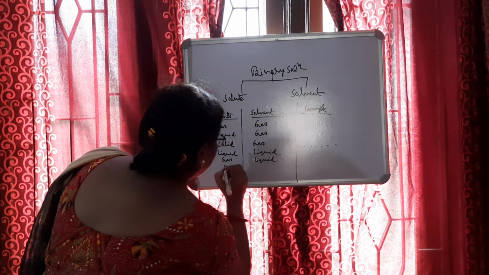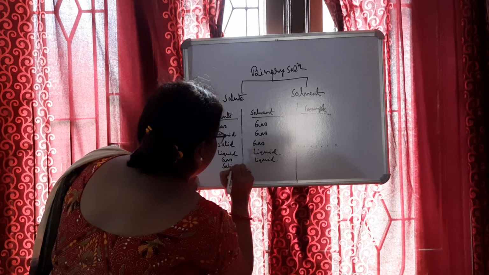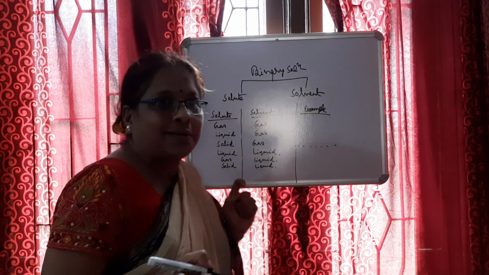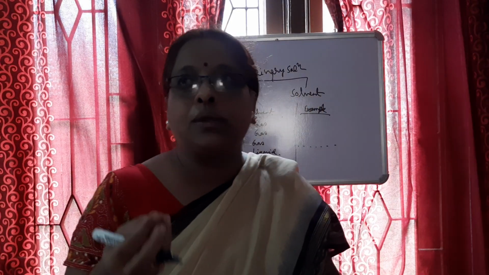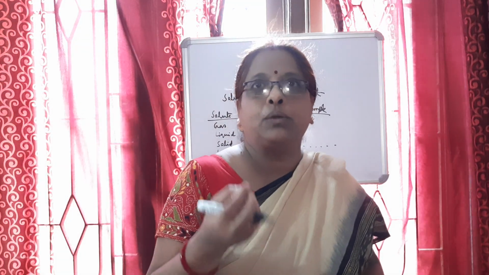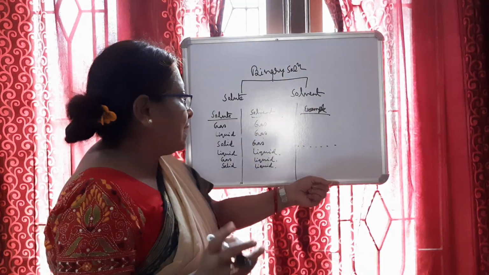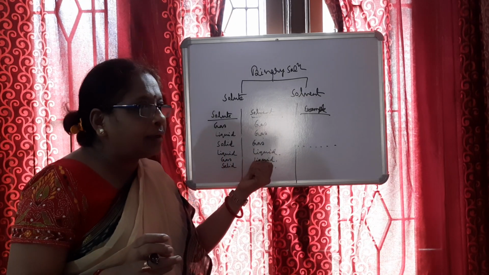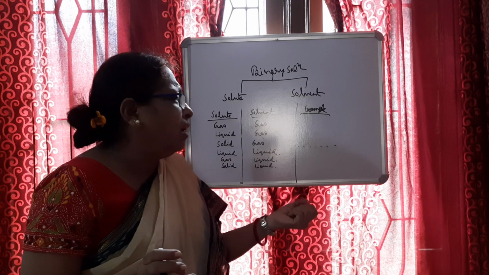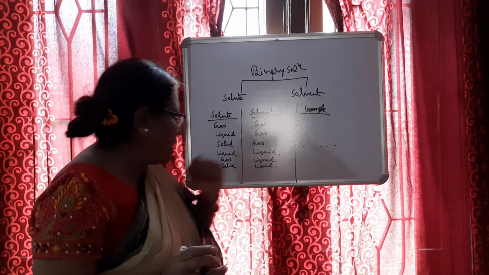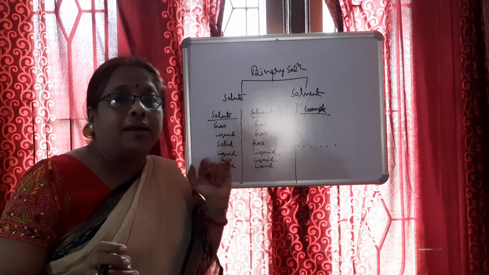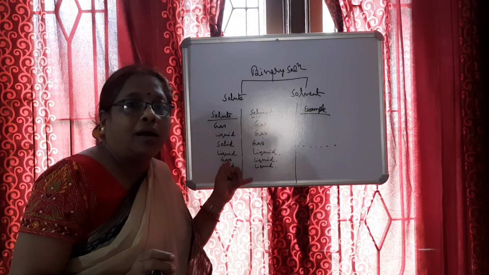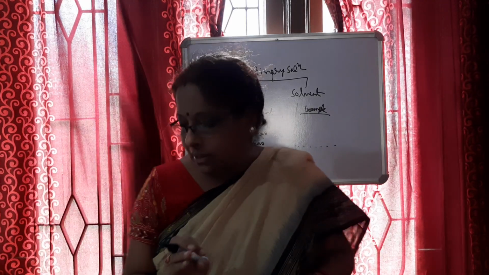Whenever the solute is solid and the solvent is liquid, the example is sugar or salt dissolved in water. So liquid in liquid: alcohol in water. Gas in liquid: aerated water containing carbon dioxide. Solid in liquid: sugar or salt in water.